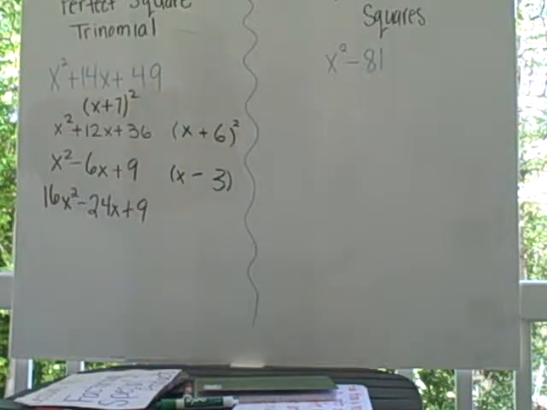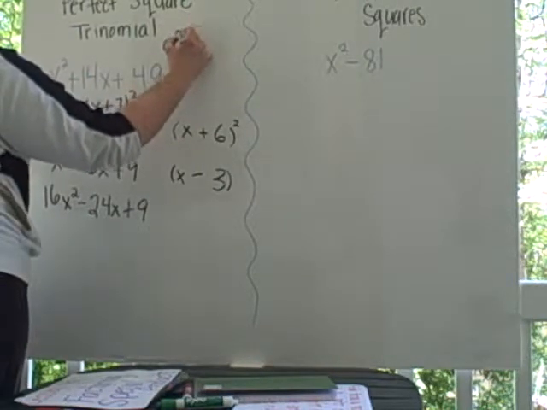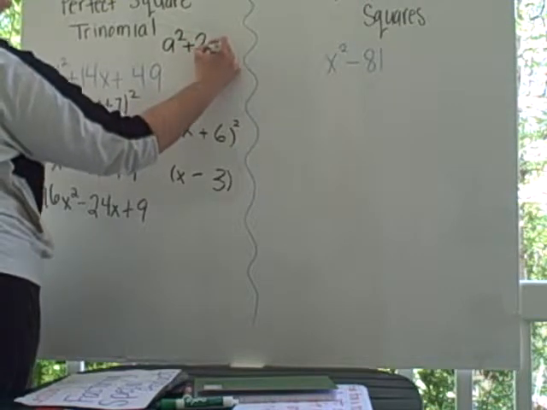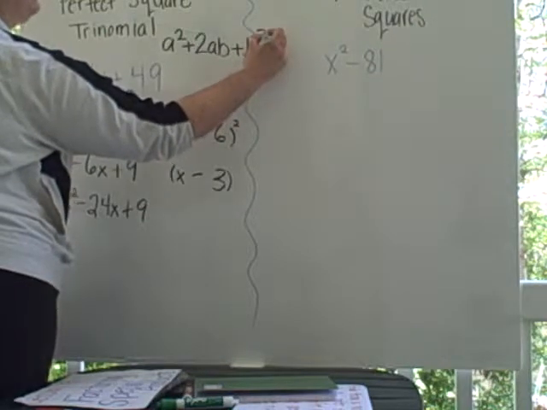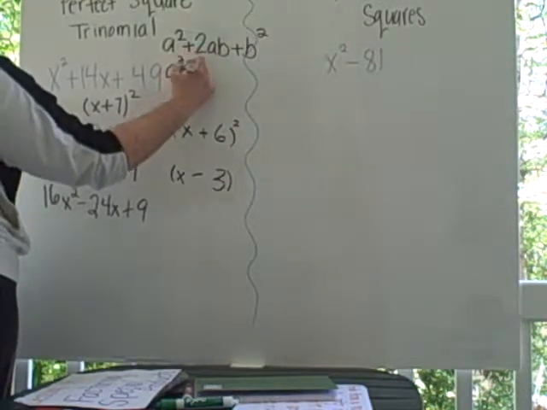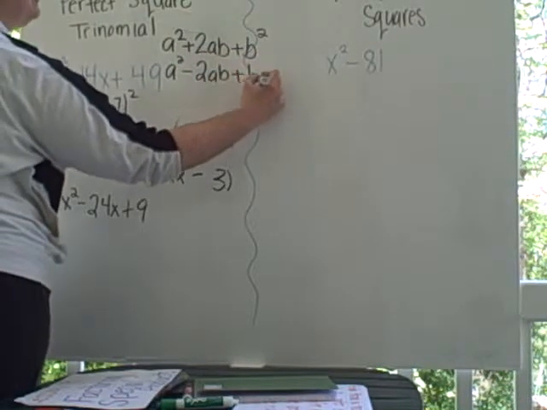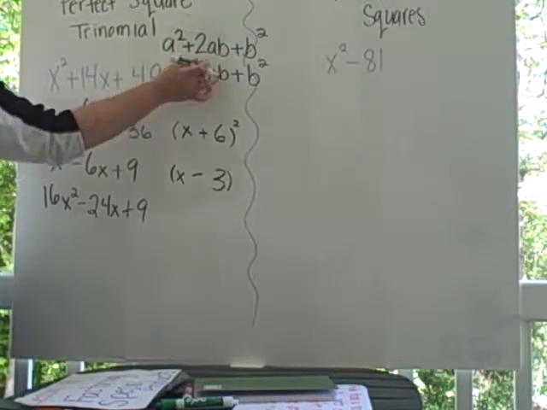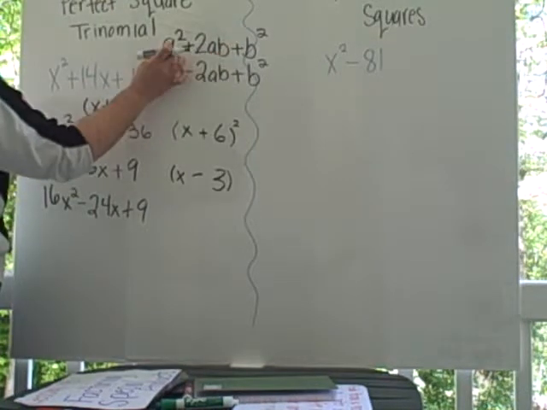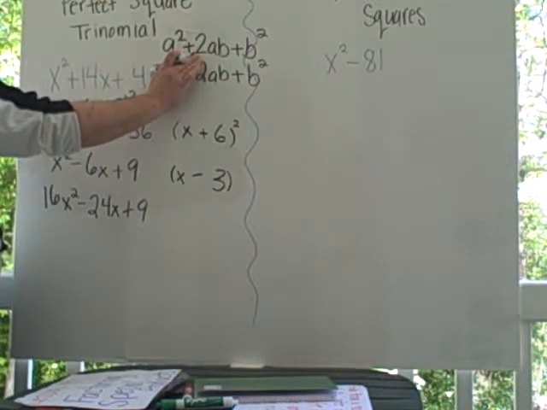This is where I have to remember back in lesson 60 when I learned that a squared plus twice ab plus b squared could also be a squared minus 2ab plus b squared, where I take the back term and the front term and I multiply them times each other, whatever they are, and then I multiply that by 2.